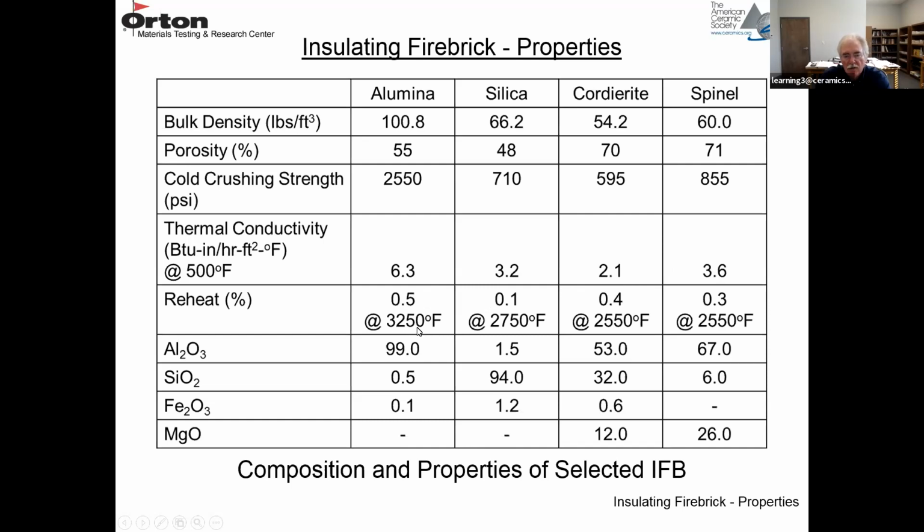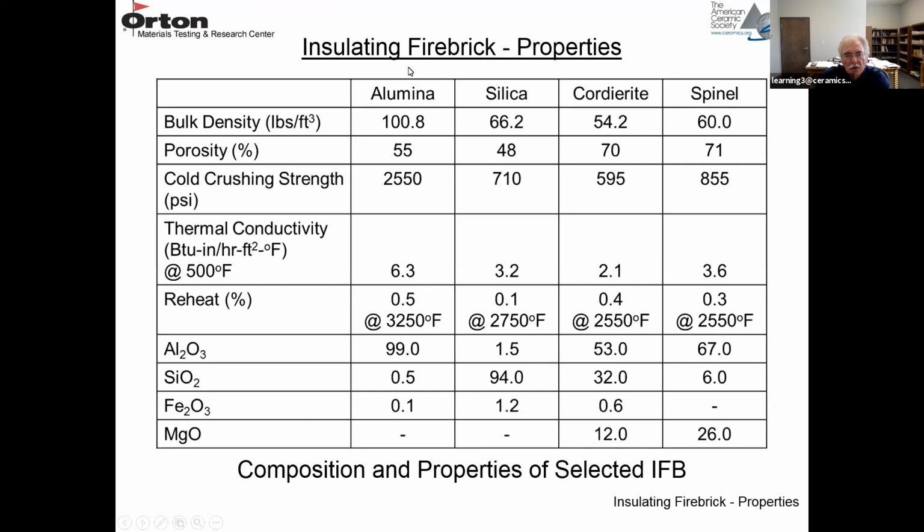So this must have a use temperature of about 3300 degrees F. This use temperature would be about 2800 degrees F, so it's reheated at 50 degrees lower. This would have a use temperature at 2600, and so would this one. So the reheat values are quite low, and they're quite good.